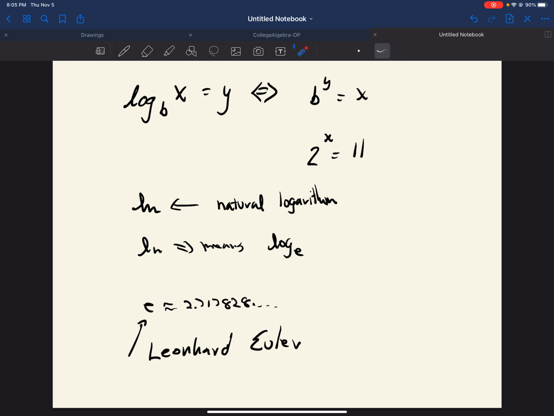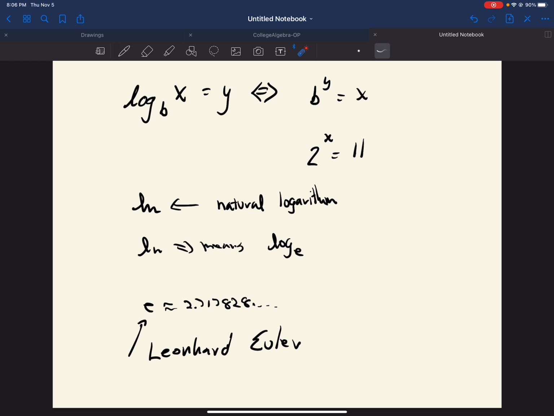And he's the only mathematician that I know of that has a number named after him, so to speak. So that is very admirable, very respected. He was a very famous mathematician, one of the greatest mathematicians ever to live.